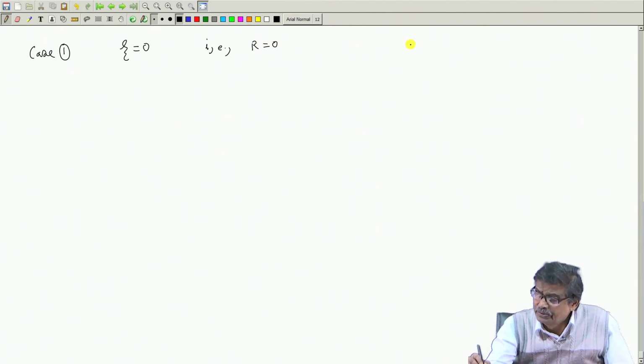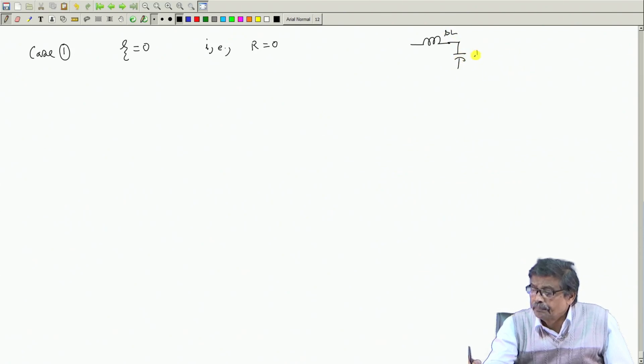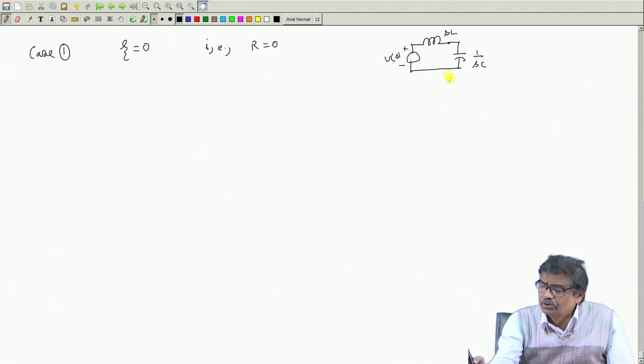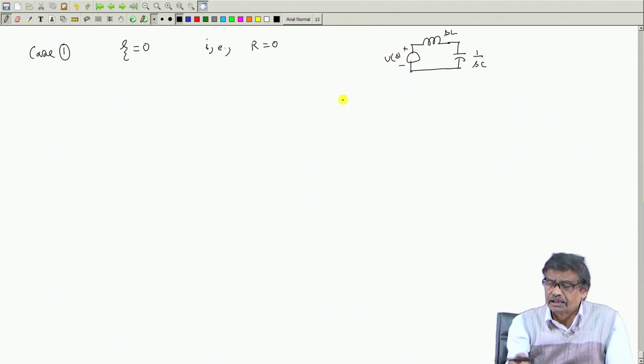In that case, I could do it separately, that is only SL and 1 over SC, and then this is IS, this is ES. But I am not going to do that, because I have already done it, but I will put R equal to 0 or zeta equal to 0.